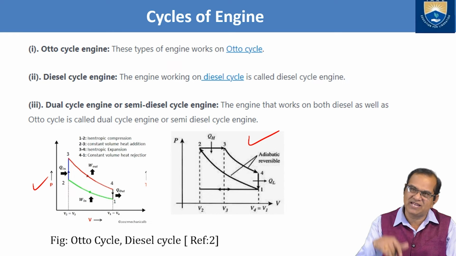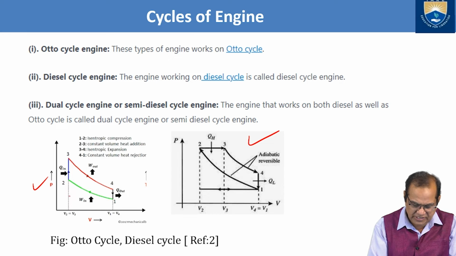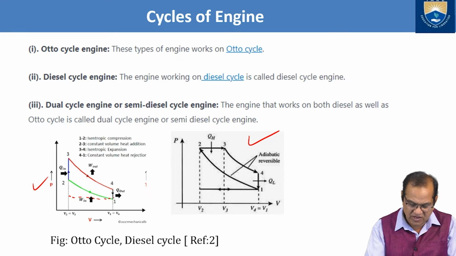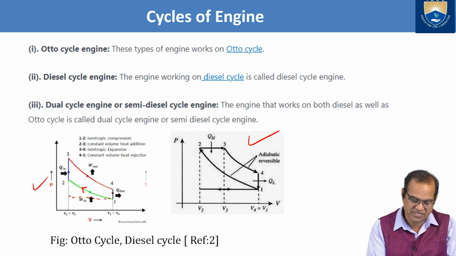Just now I have explained how it is working, and this is the same thing. As you can see here, from 1 to 2 is compression, in which work is given. Between 2 and 3 spark is given at constant volume, Q in, meaning energy is given.